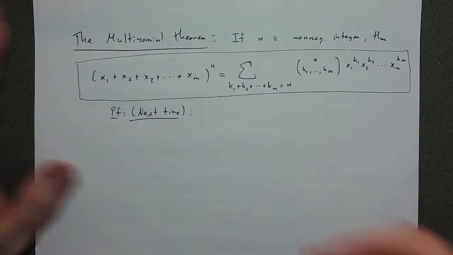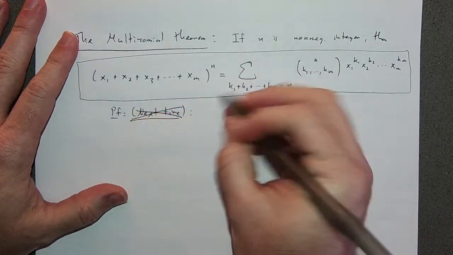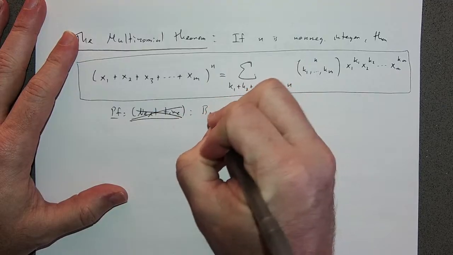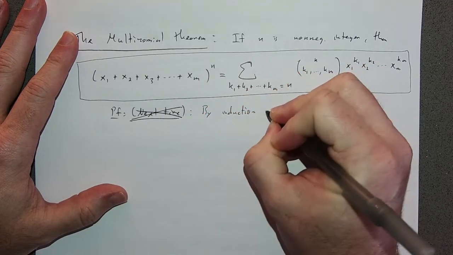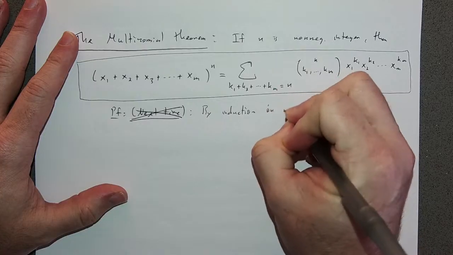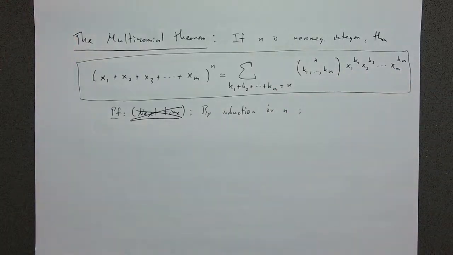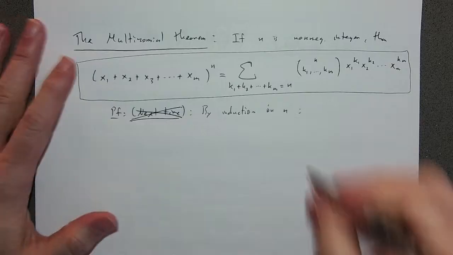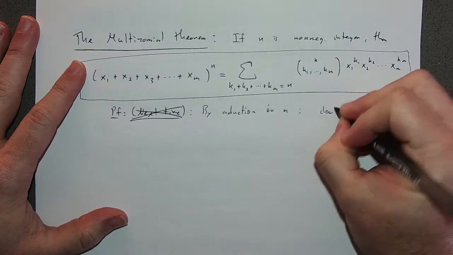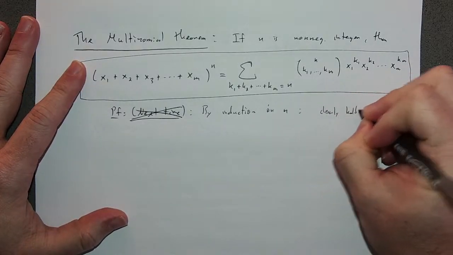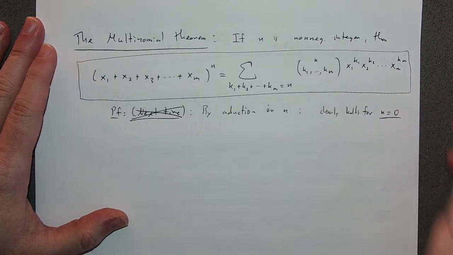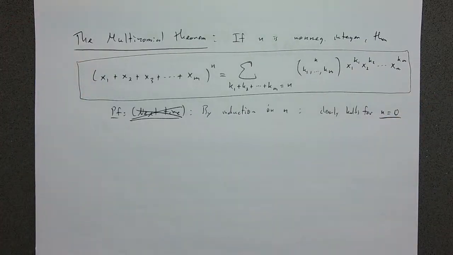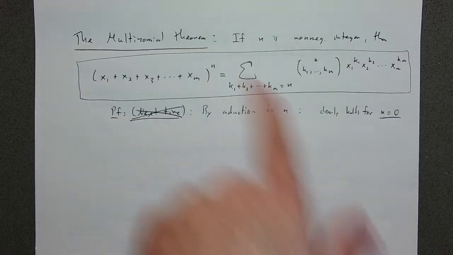So let's do this by induction on n. Clearly it holds for n equals 0. Check if you do not believe me, but this is not a very interesting expression when n is equal to 0.